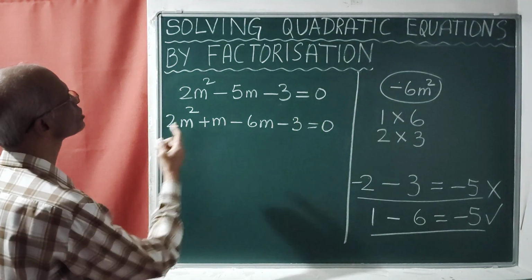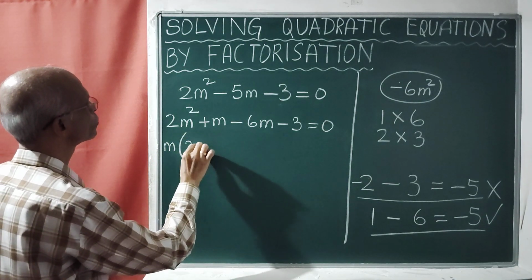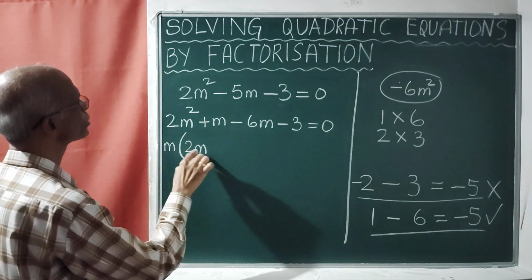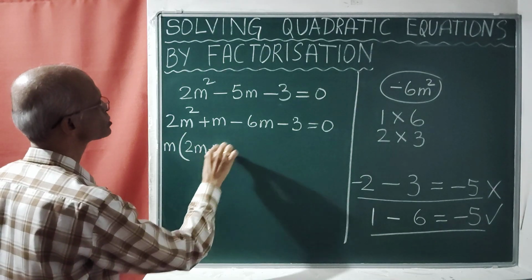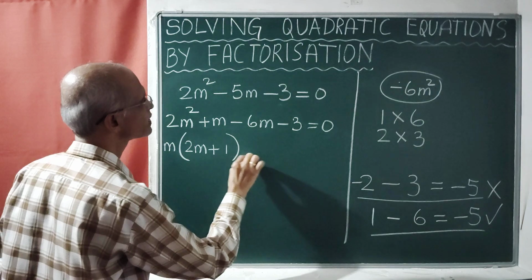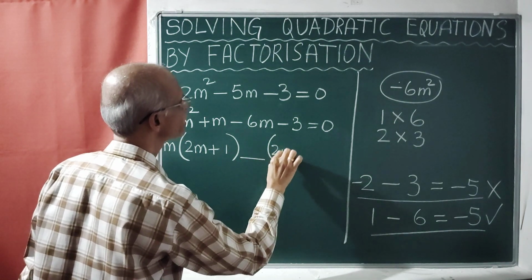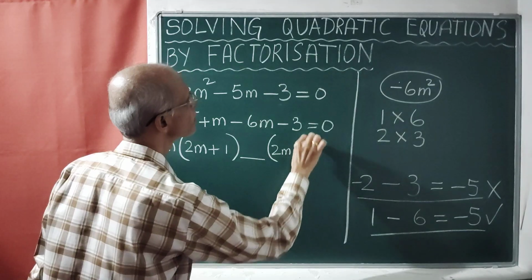Now, among these two terms, m is common. m into 2m, 2m square, plus 1, m into 1 is m. Leave a gap. Write the same thing in the brackets, 2m plus 1.